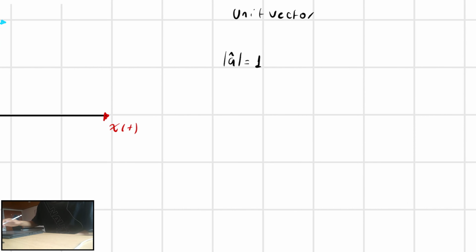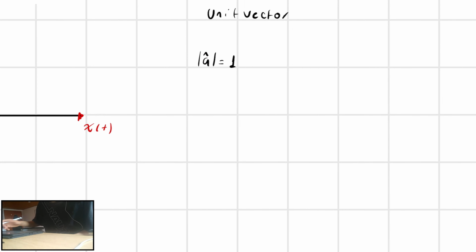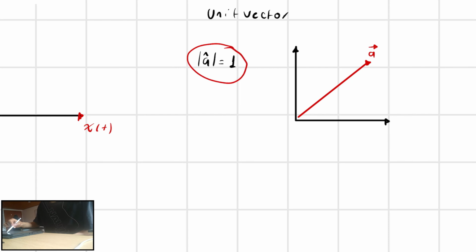It is always represented by this little hat. That means that if I have, for example, this vector, which I'm going to call A, the unit vector of this A vector is going to be this one.